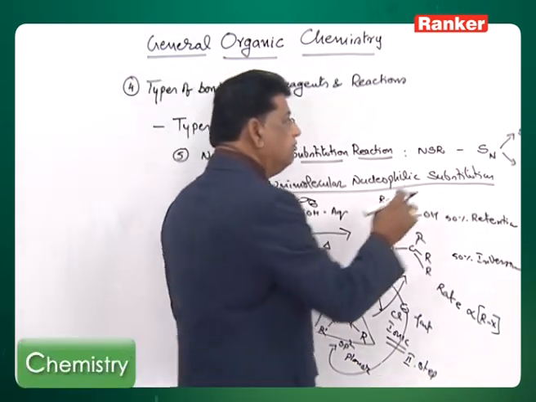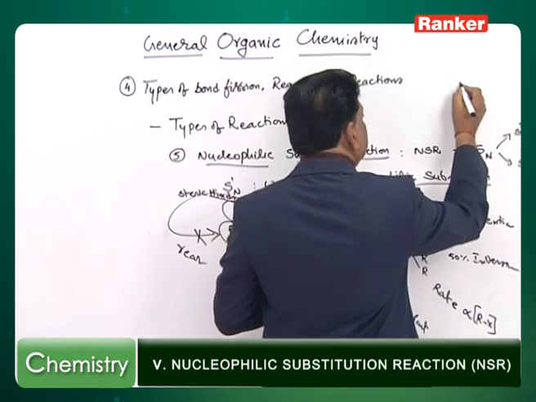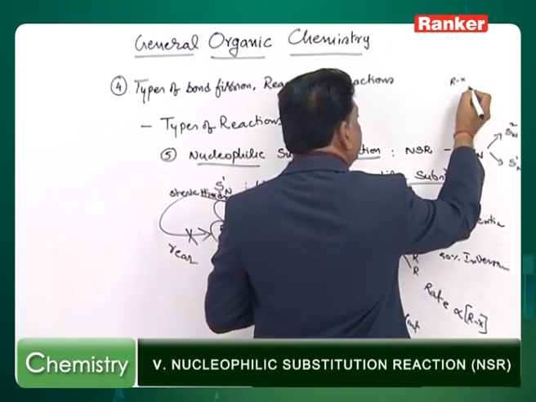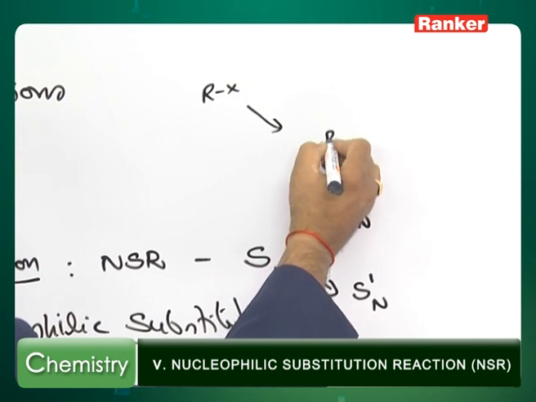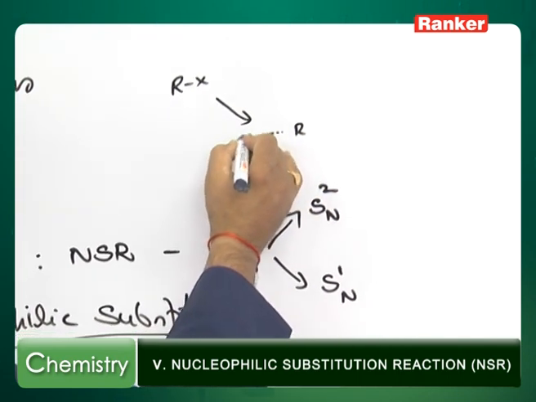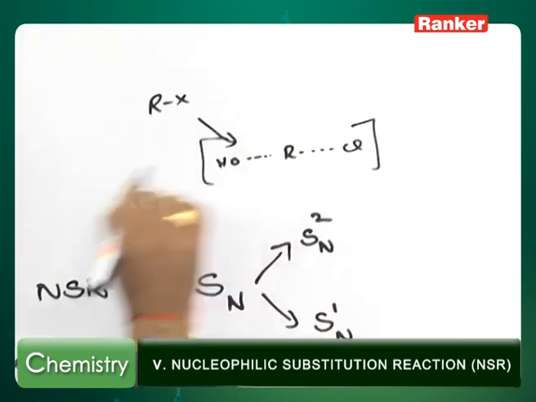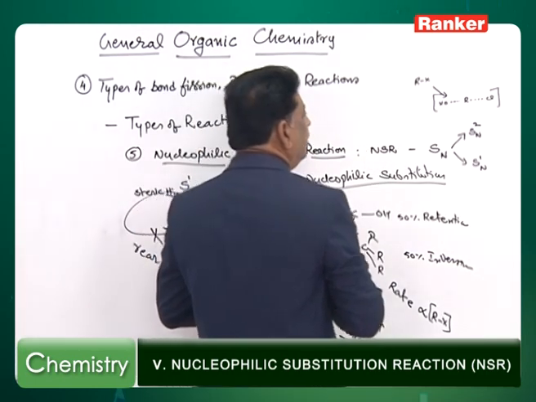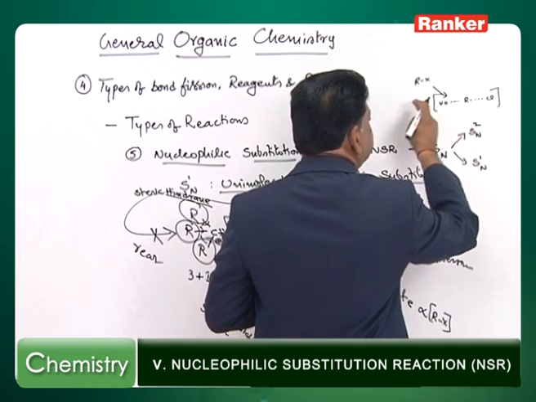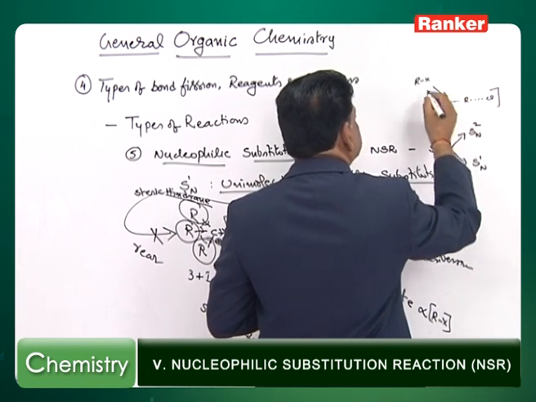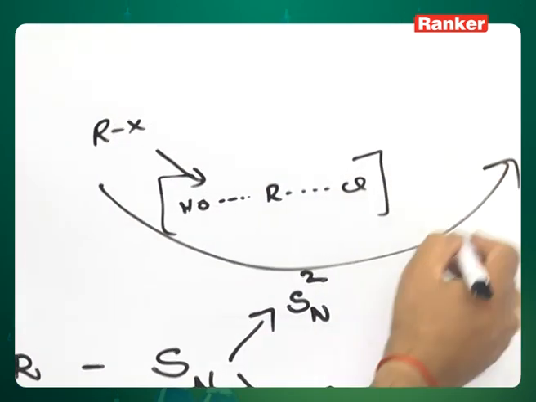In the previous case, the SN2 reaction, what is happening? The RX: from one side OH is attacking, from one side X is going, so a transition state is formed, right? The Cl is going and OH is coming, and the whole process becomes only one step.